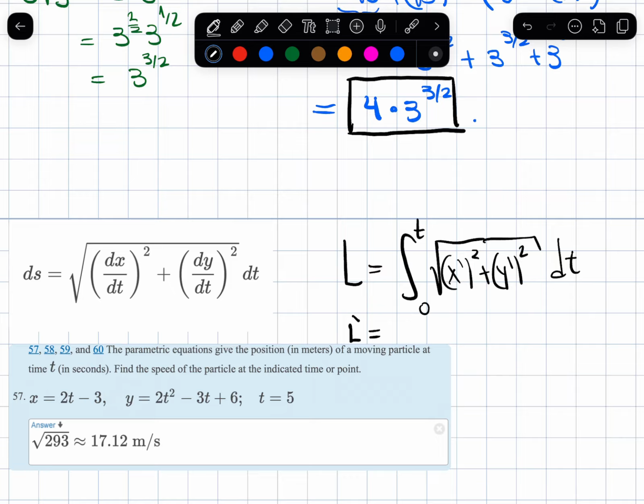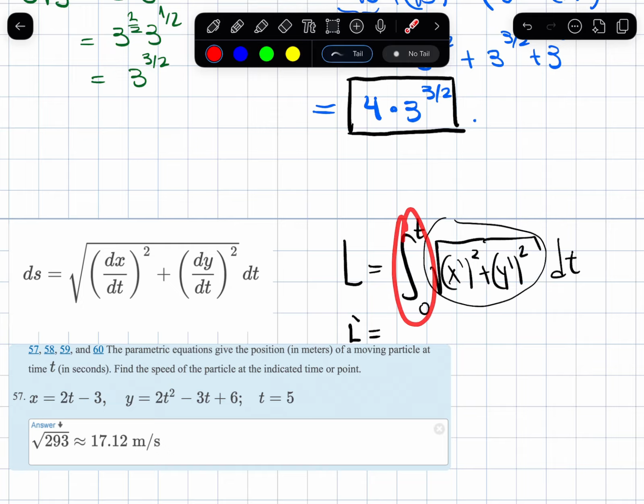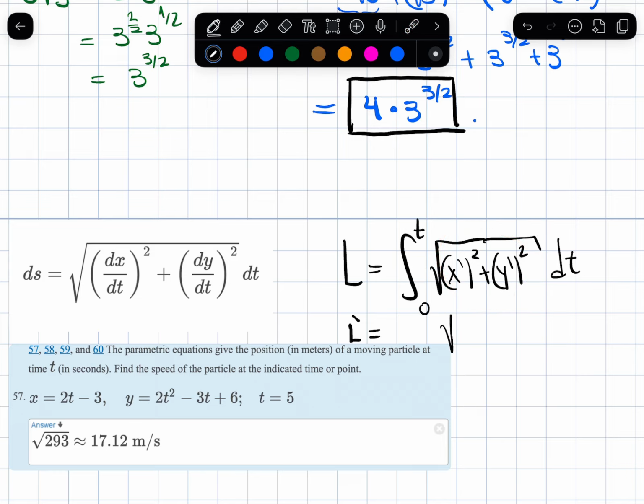It's the fundamental theorem of calculus. The integral is the antiderivative. So you antiderive, and then if you derive again, you go back to the beginning. So the derivative of L is just this.